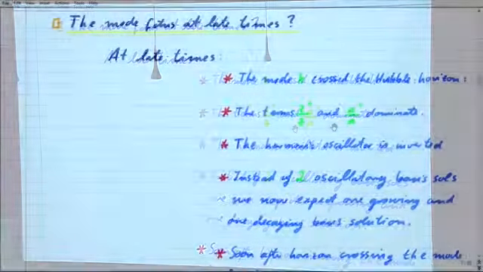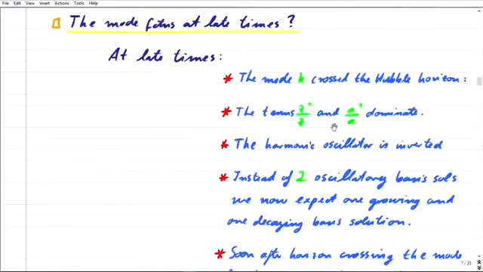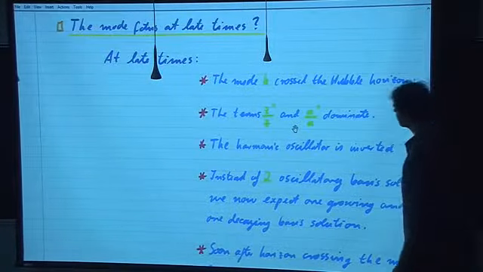So then, what are the mode functions at late times? Well, at late times, the following will be happening. The mode k crosses the Hubble horizon. Of course, not all modes make it, but the ones that we are interested in will have crossed the Hubble horizon.